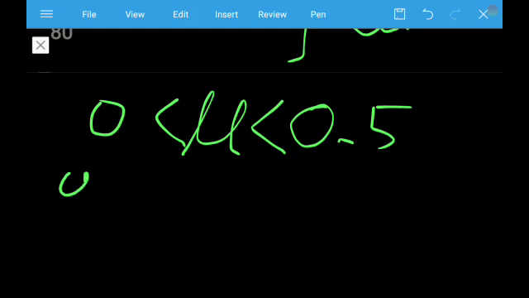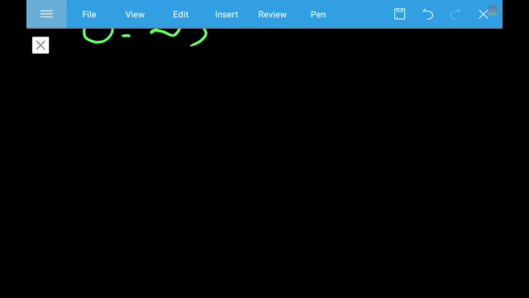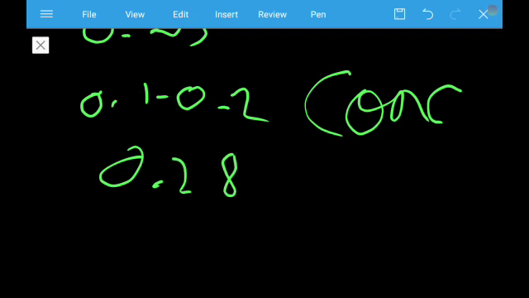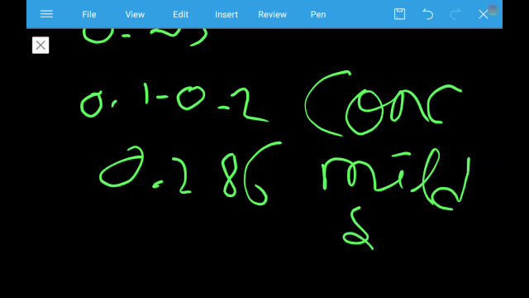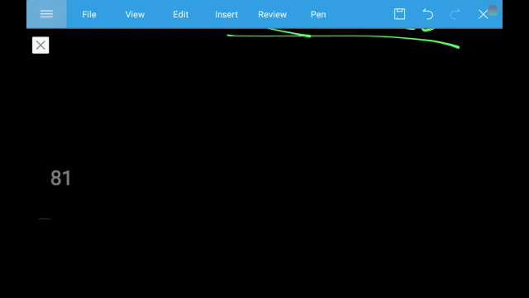It is 0 for cork, 0.5 for a perfectly plastic body such as rubber, 0.25 to 0.42 for elastic metals, 0.1 to 0.2 for concrete and 0.286 for mild steel. So the others are not that important, but this should be remembered.